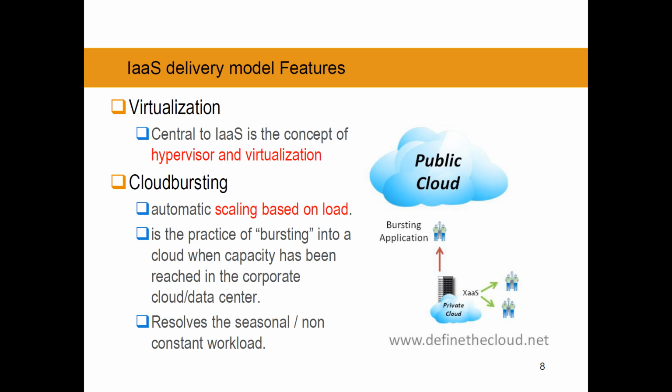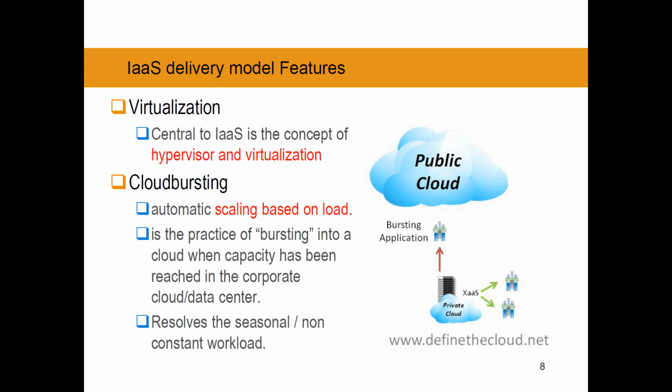For example, you have your private cloud or your on-premise data center. Normally, you will host your application, including your database, inside your on-premise data center, right? The users maybe only utilize a maximum of 60% of your CPU. But the workload is seasonal, right? Non-constant.